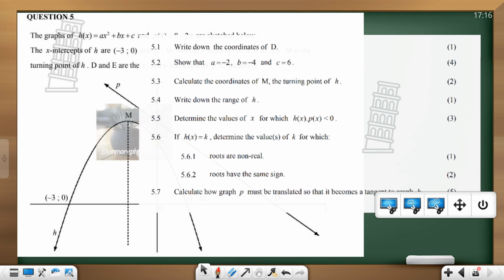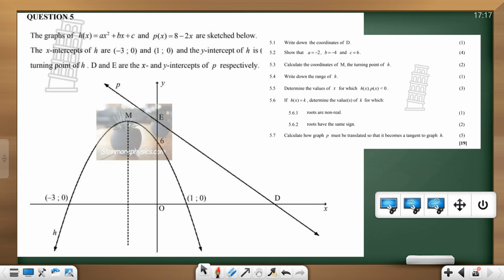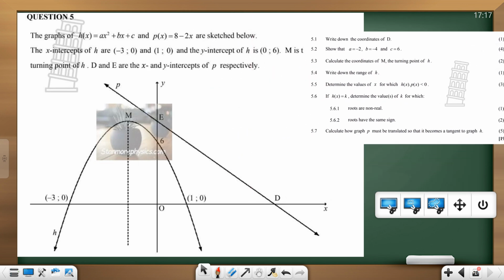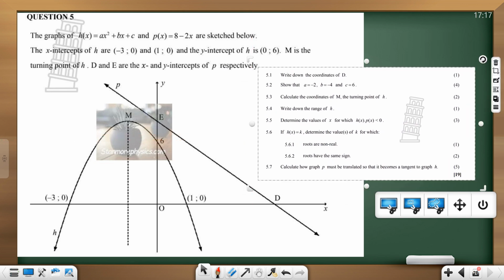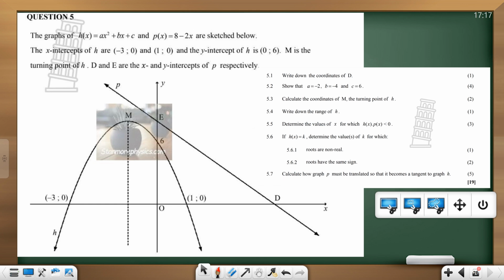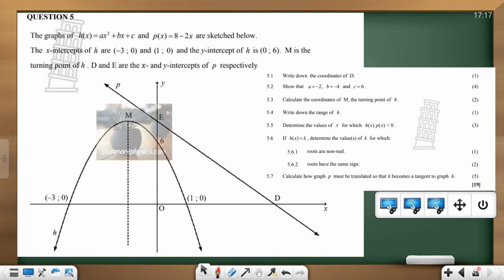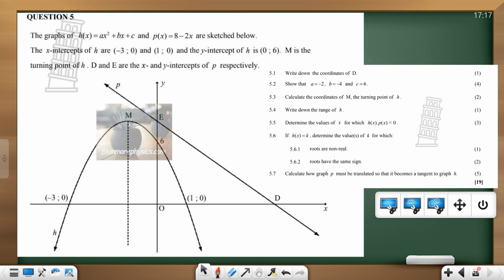Okay, this is a mess. If I make it smaller, won't it be too small? Okay, we can still see, right? Can we see the question? I want to have both of them on the same page. Is it still visible?